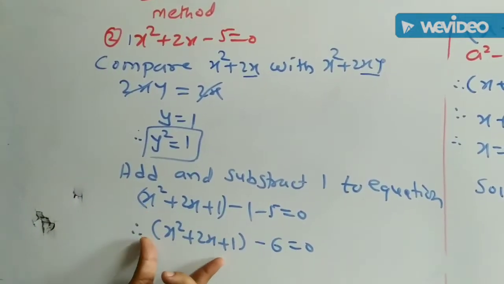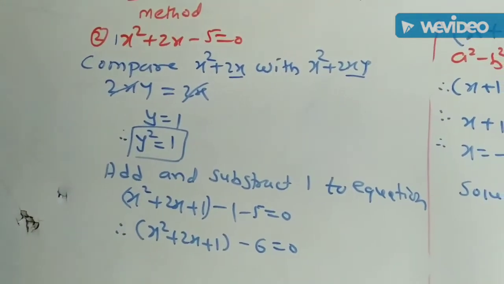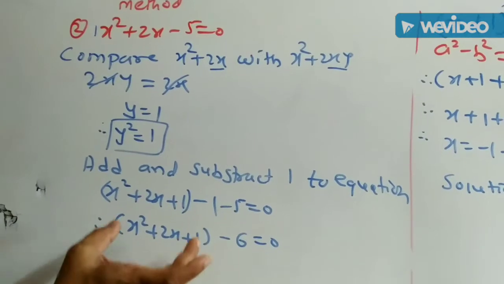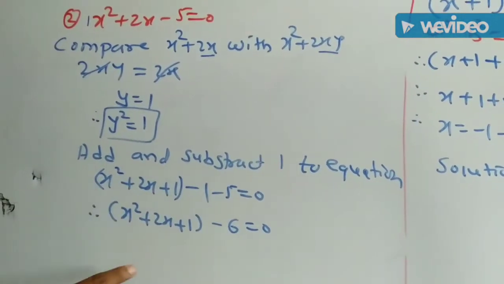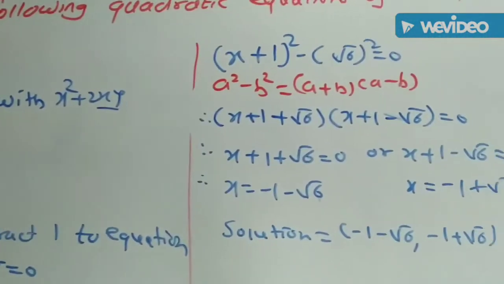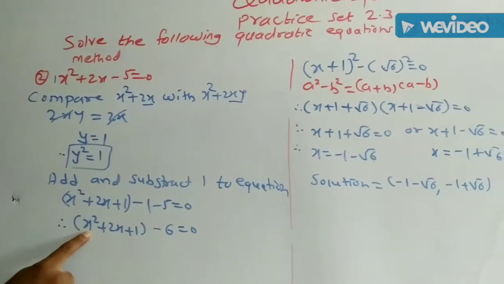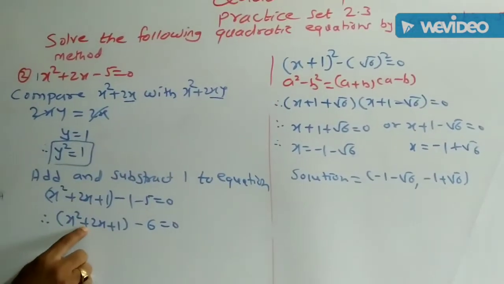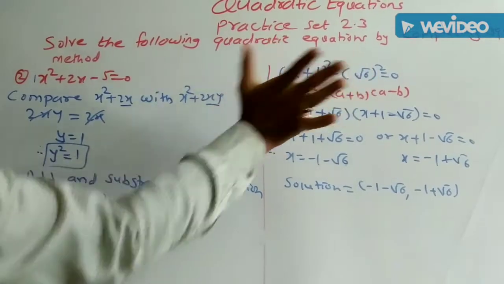Group the first three terms in a bracket, minus 1 minus 5 is minus 6. Now write the bracket whose expansion is x square plus 2x plus 1: it is the expansion of (x plus 1) bracket square. How do we find it? Firstly write the square root of the first term, that is x, the sign of the middle term, that is plus, the square root of the third term, that is 1, and bracket square.